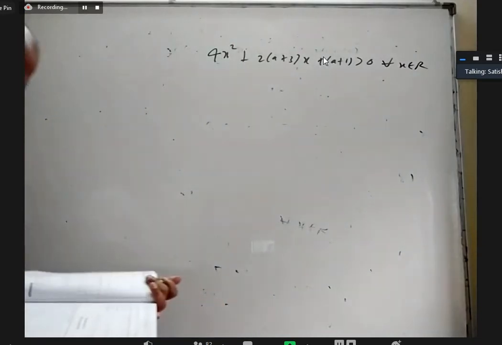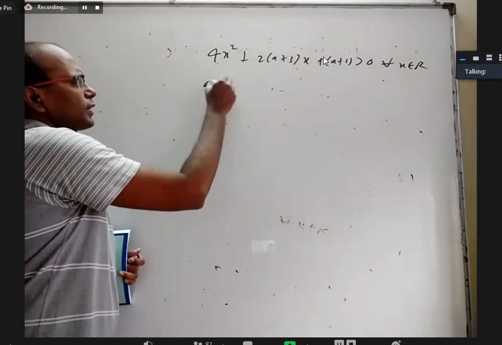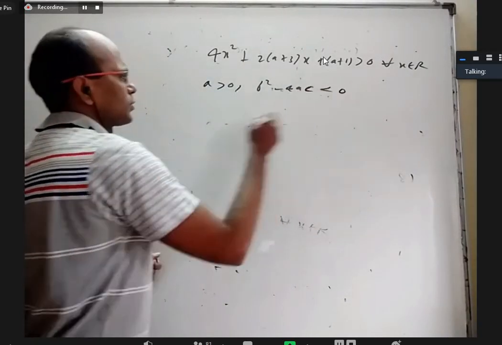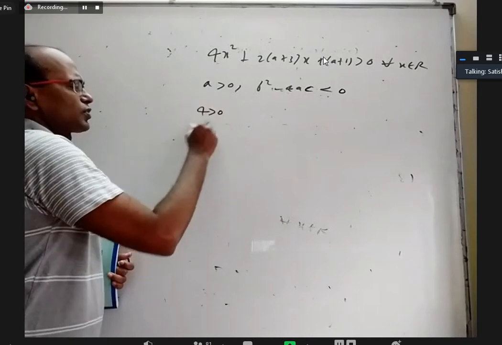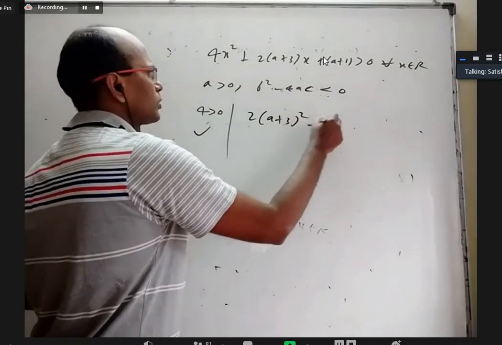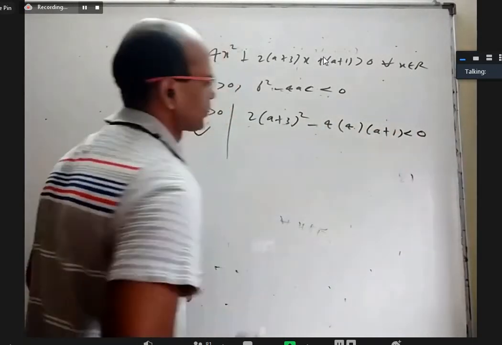When will a quadratic expression be greater than 0 for all x belongs to R? Leading coefficient should be positive, b square minus 4ac, the discriminant, should be negative. 4 is anyway positive, so it's fine. Coming to this, 2 into a plus 3 whole square minus 4 into a plus 1 should be less than 0.